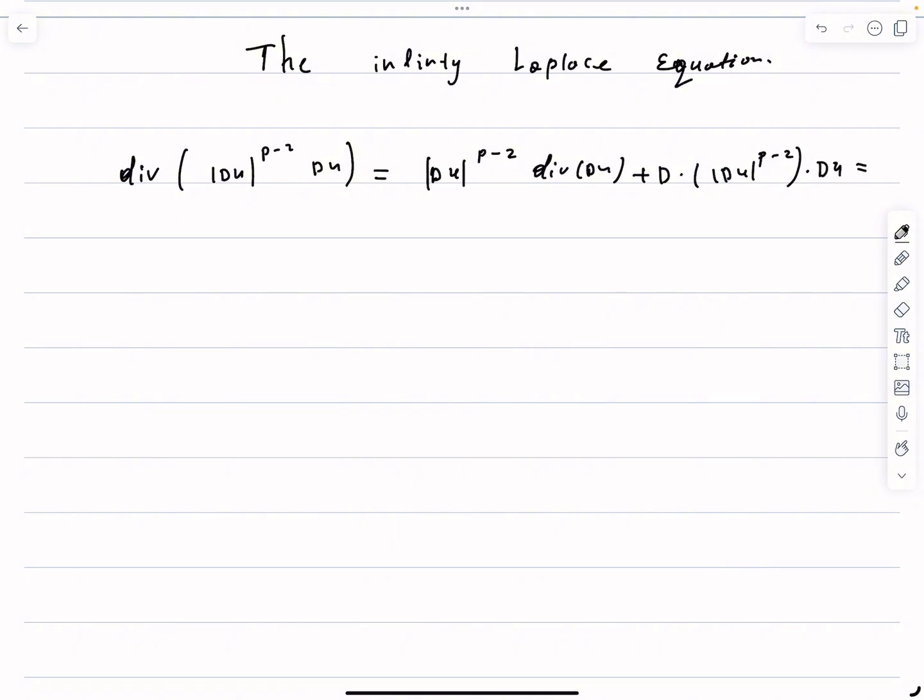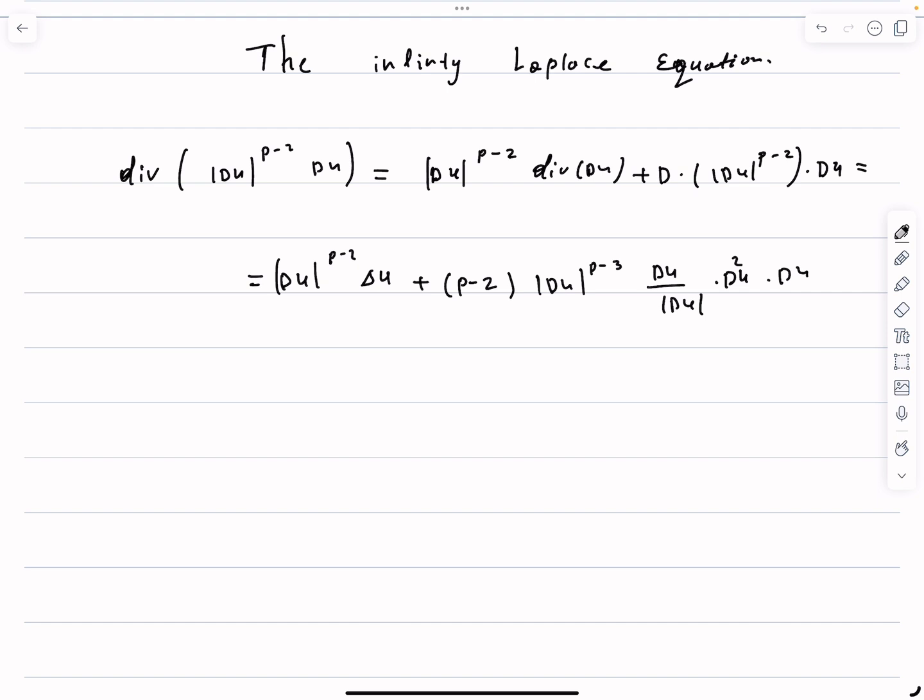This is equal to |du|^(p-2) Laplacian of u plus (p-2) |du|^(p-3) times d|du| times du.